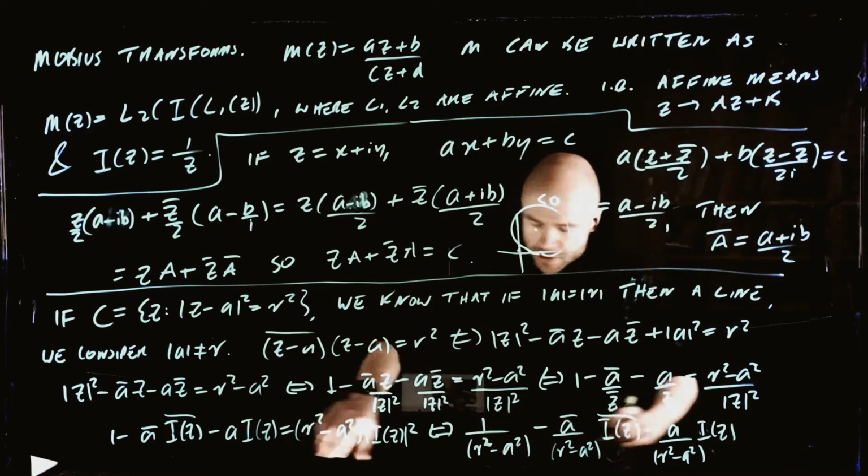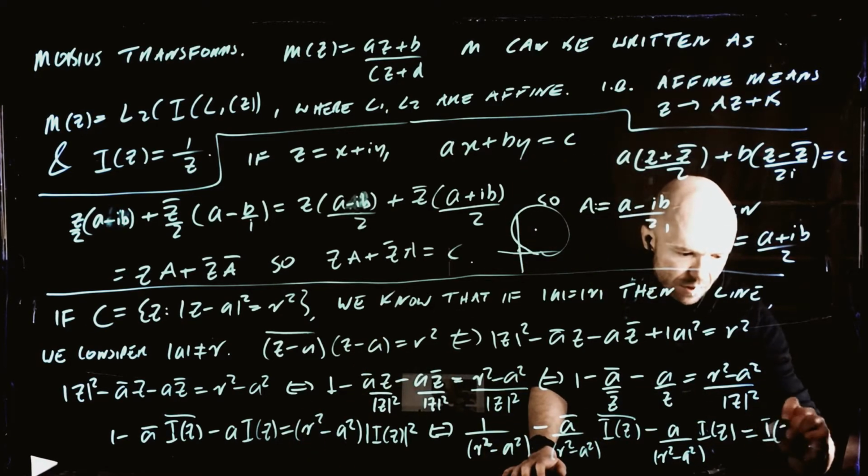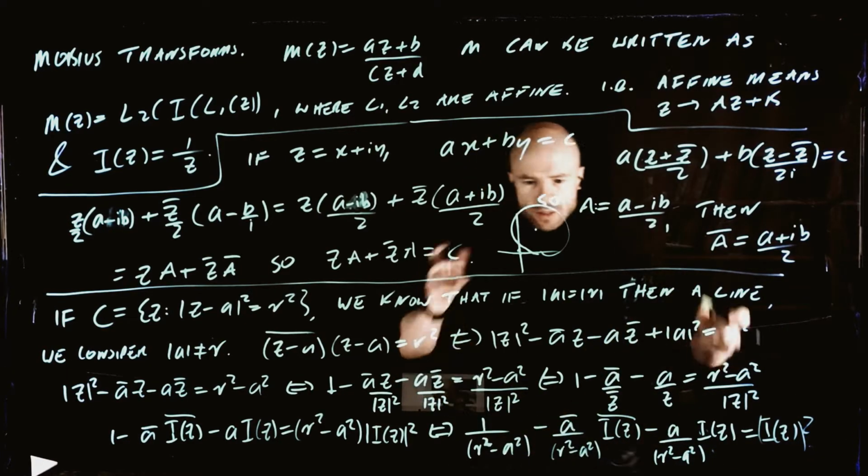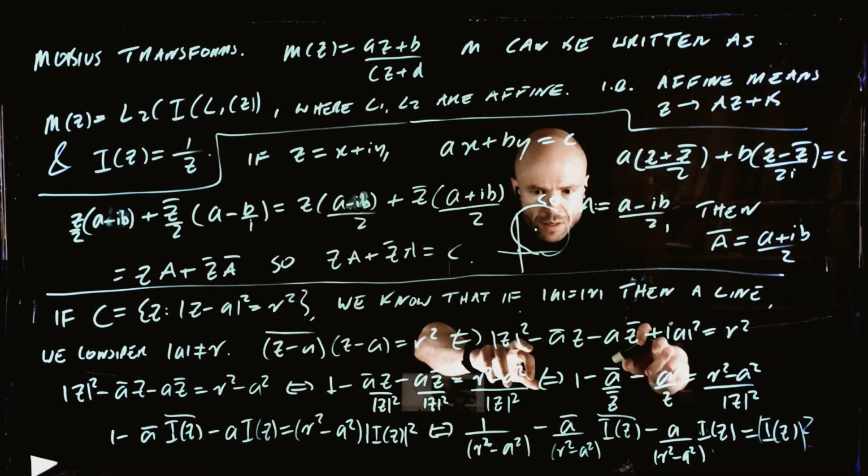And then this thing on the right-hand side is just I of z squared, right? So it's looking more and more like this equation here, right?